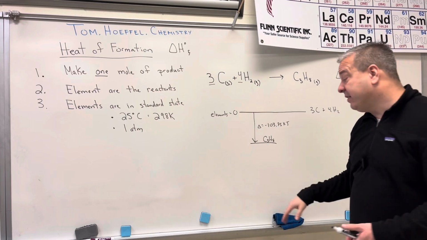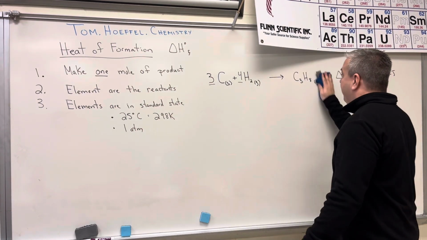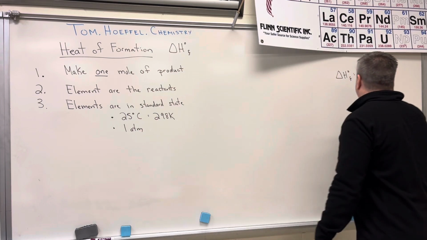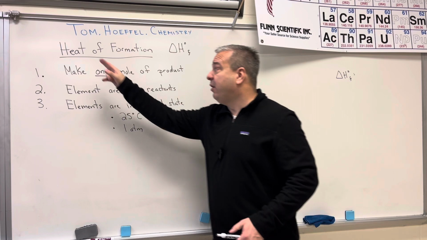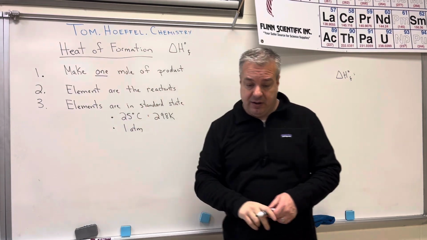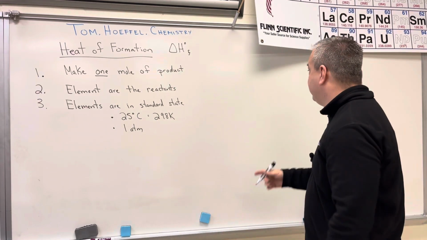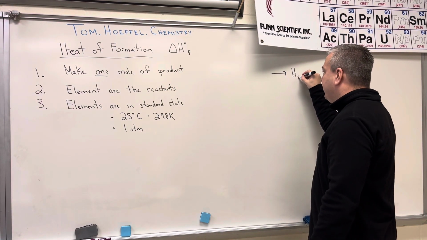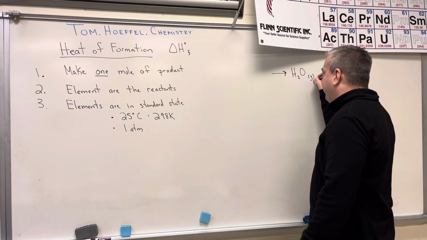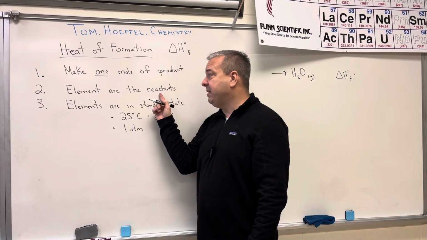Okay, let's try this one more time, but with a different compound being formed. What if I wanted to write the equation for the heat of formation of water in the gas phase? Water is going to be my product in the gas phase, and the elements are going to be the reactants.